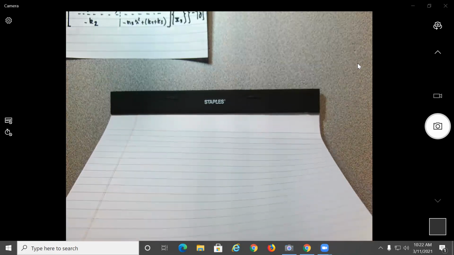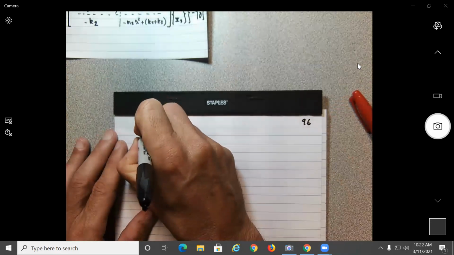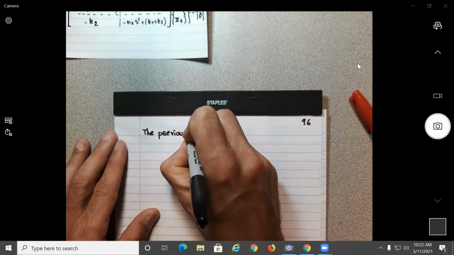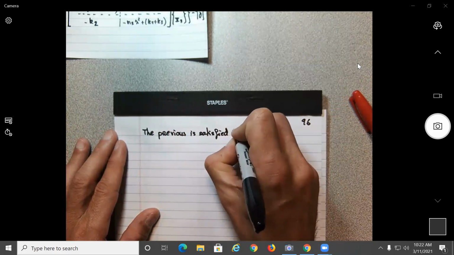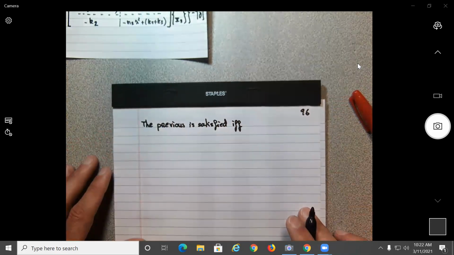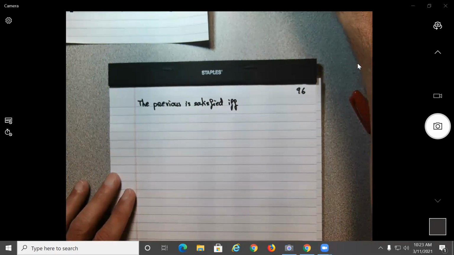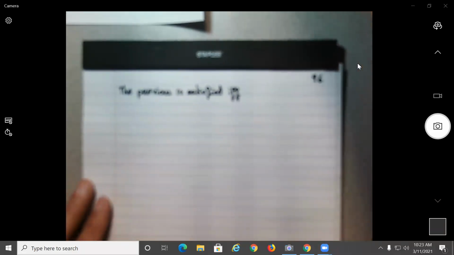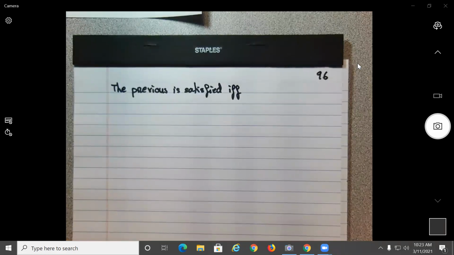So let me write over here, 96. So the previous equation is satisfied if and only if, that's what my double if means over there. Try to zoom a little bit. All right.